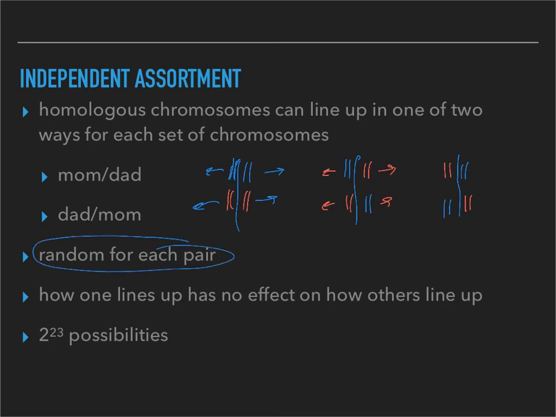What one maternal chromosome does as opposed to the next maternal chromosome has no effect on the other's lineup, which gives us, in humans, because we have 23 pairs, 2 to the 23rd possibilities for different genetically unique gametes through this law of independent assortment and process of meiosis. So that's a lot of variation.